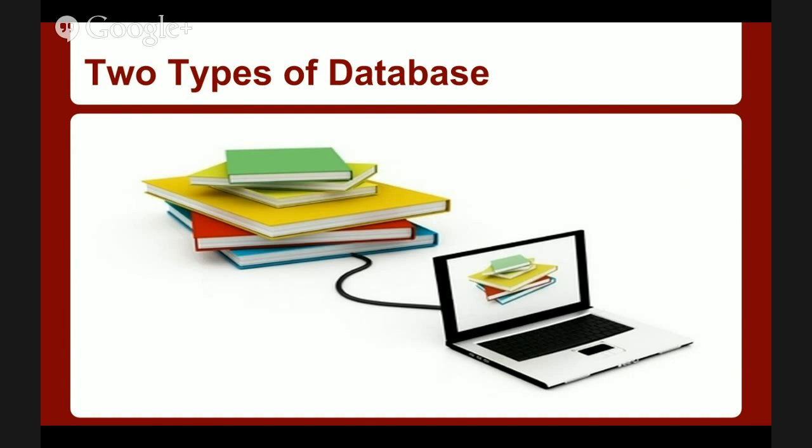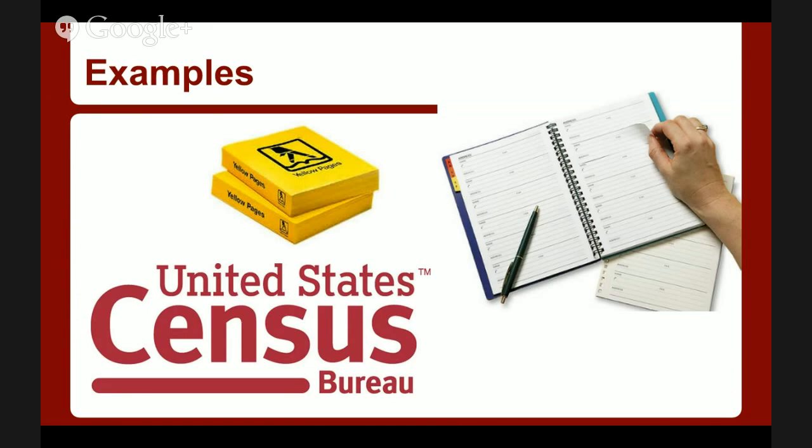There are physical, paper print, and electronic databases. A database could be as simple as an alphabetical arrangement of names in an address book, or as complex as a database that provides information in a combination of formats. The examples would be phone book, address book, and census bureau data.